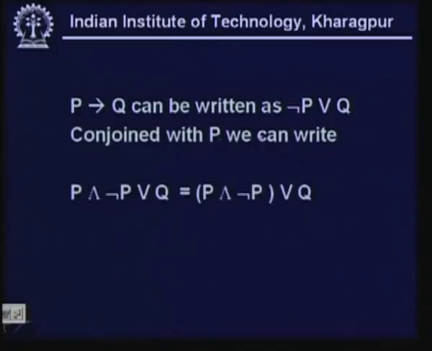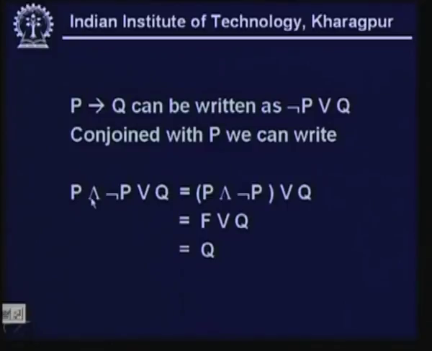So we have not P or Q and P is true. If we conjoin it with P, then we can write P and not P or Q, and therefore, by associativity, P and not P, or Q. So P and not P is false, or Q, anything false or Q will be Q. So that is the proof of modus ponens.